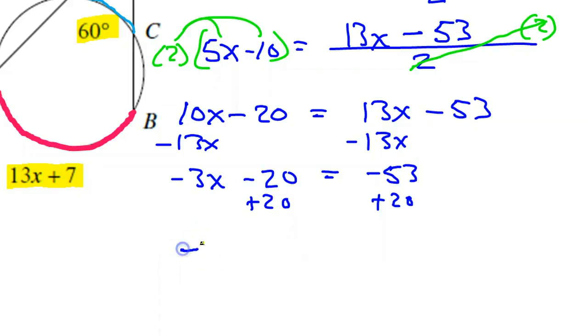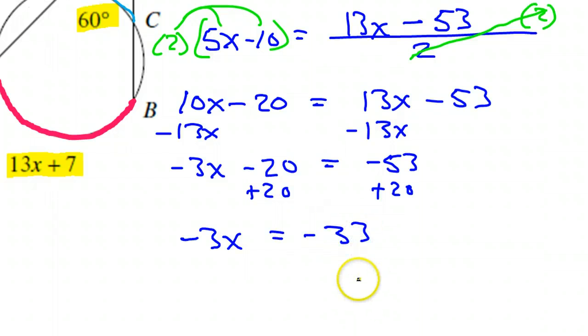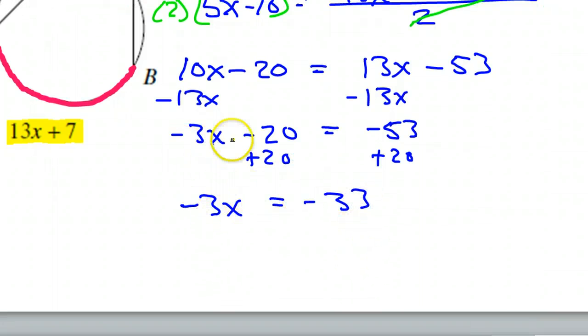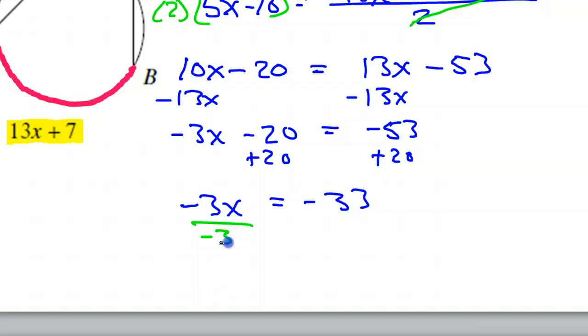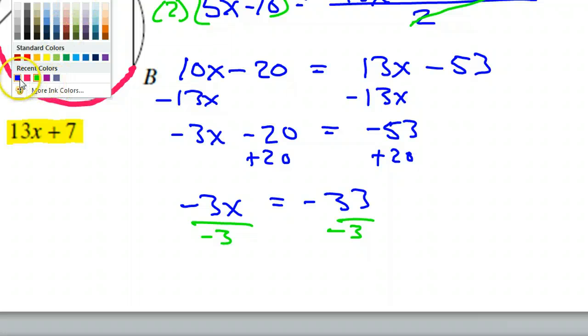So that's going to give me negative 3x is equal to negative 33. Okay, so then I'm going to divide both sides by negative 3. And I'm going to get x is equal to 11.